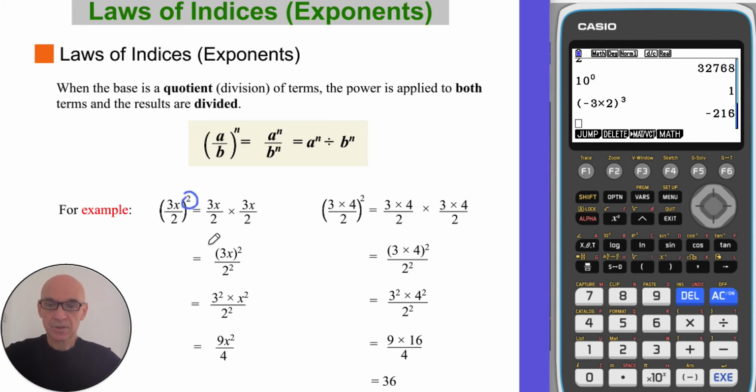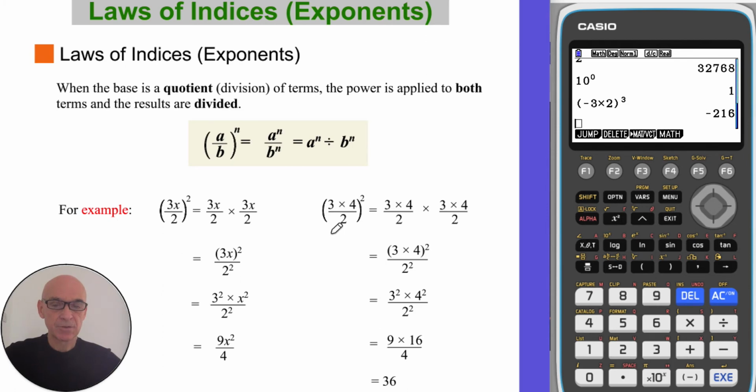So we need to square the numerator and also square the denominator and then divide the results. For squaring the numerator, we need to square the 3 and square the x, giving 9x squared. And in the denominator, squaring the 2 gives 4. So the result is 9x squared over 4.